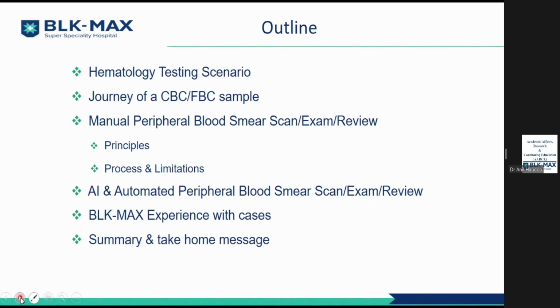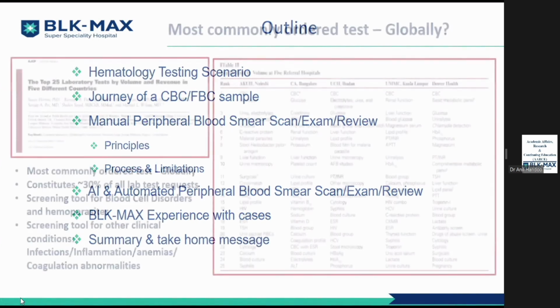Then the manual peripheral blood smear scanning, examination or review, whatever you may want to call it, and we'll see an interesting publication on this, talking about the principles, processes and limitations of manual blood smear examination. Then artificial intelligence and automated peripheral blood smear scanning, examination and review. Of course, the experience we've had with our system here and the cases we've seen, and some summaries and take-home messages when I finish my talk.